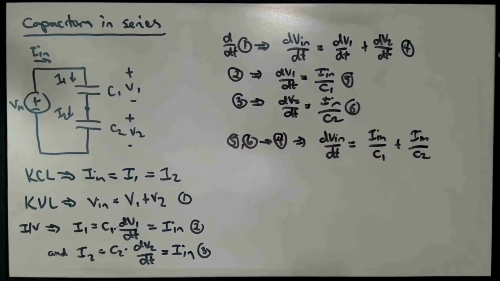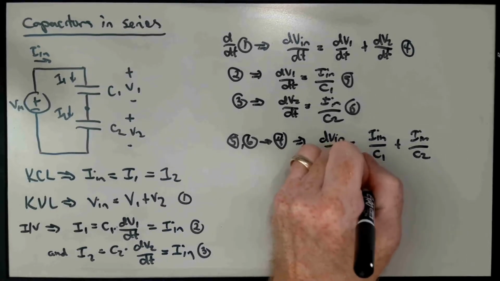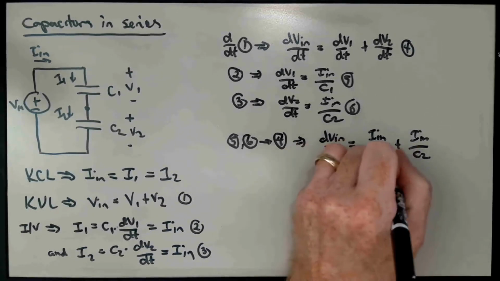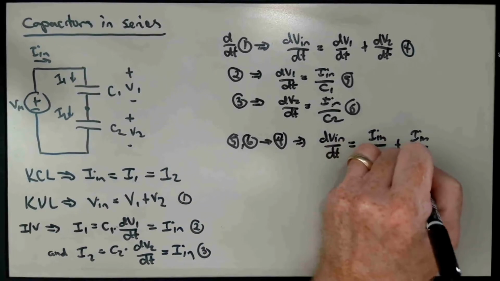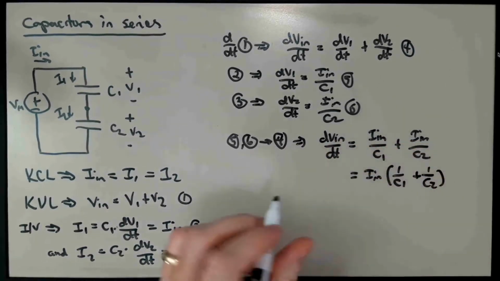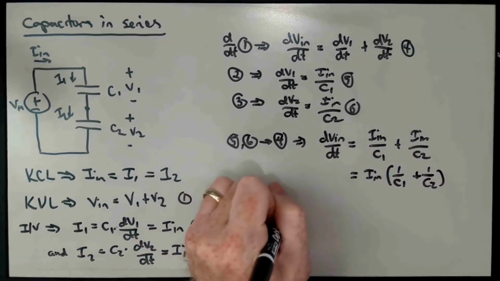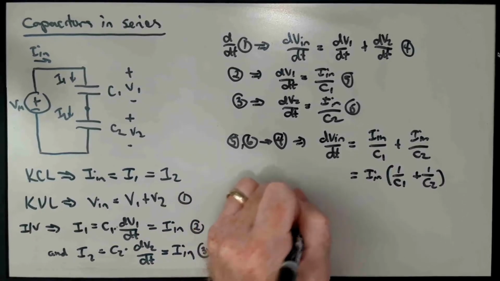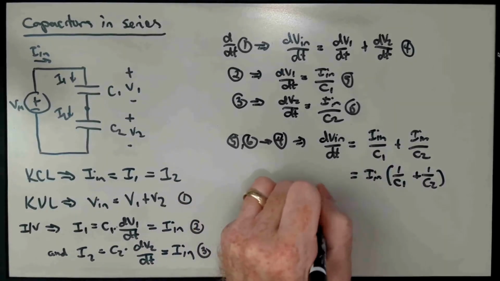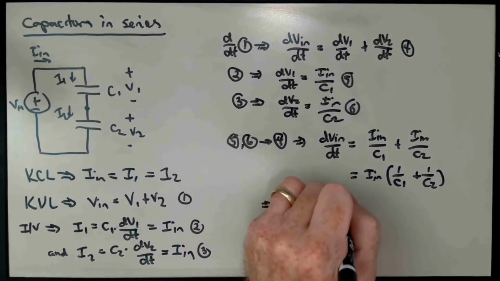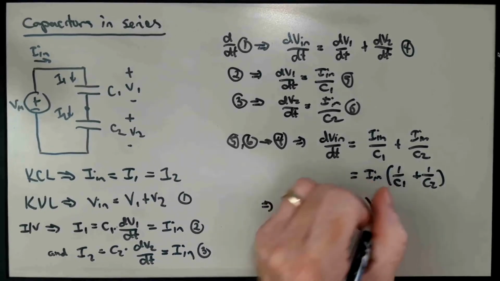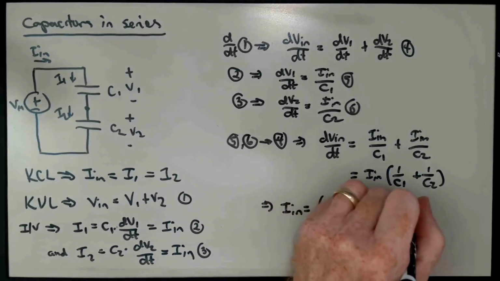Well, we can factor out the common In times 1 over C1 plus 1 over C2, and we can solve for In. Right? So In equals (1 over C1 plus 1 over C2) to the minus 1 times dVn/dt.